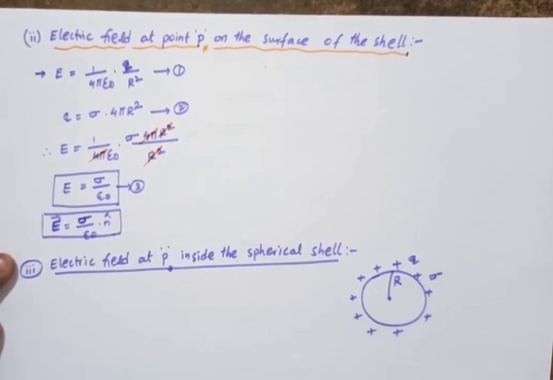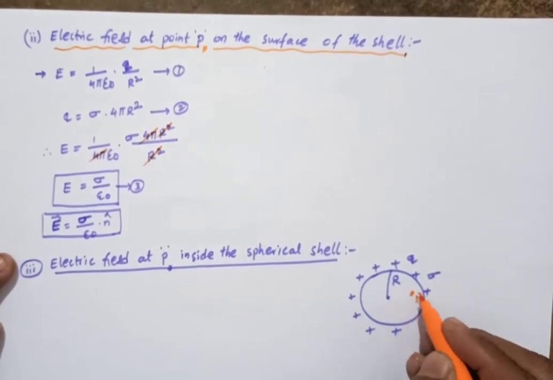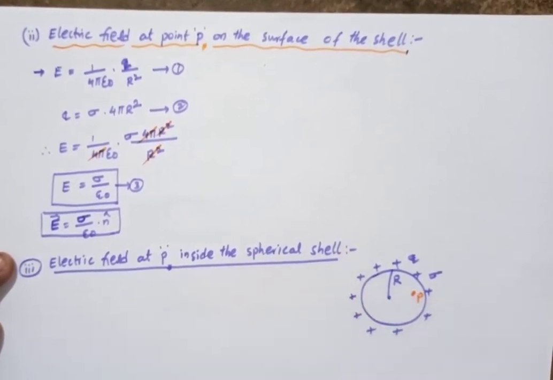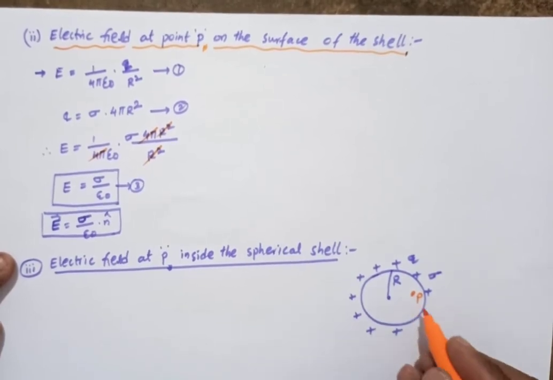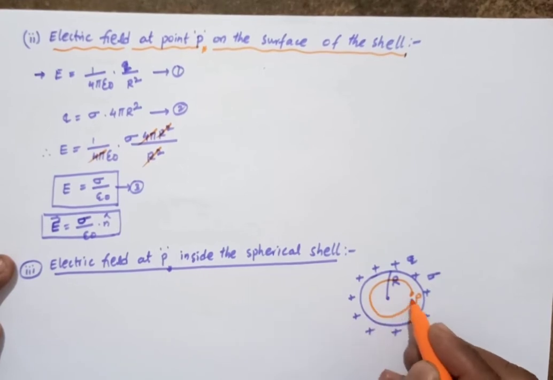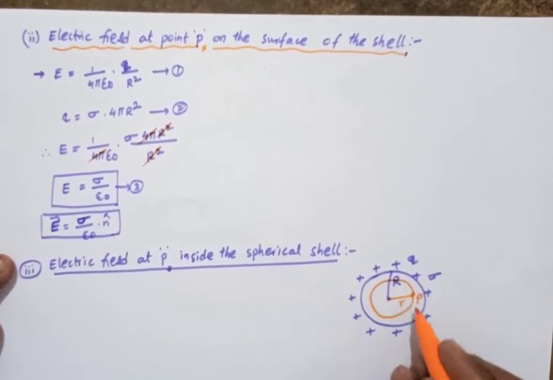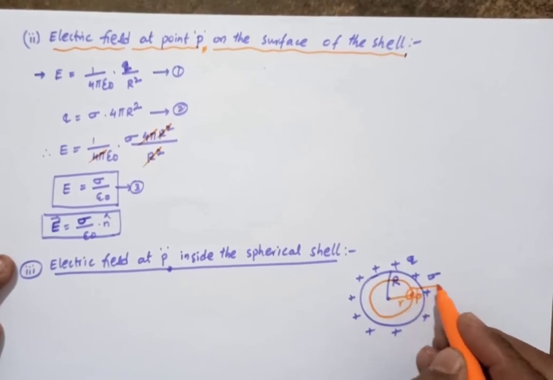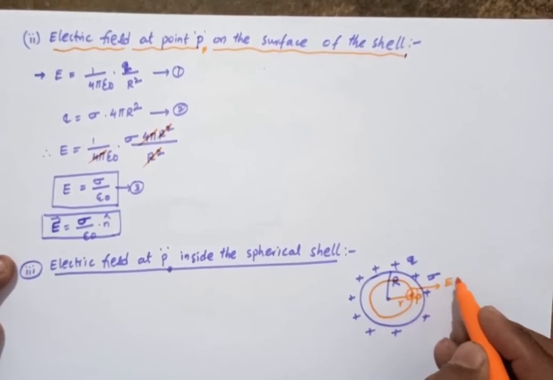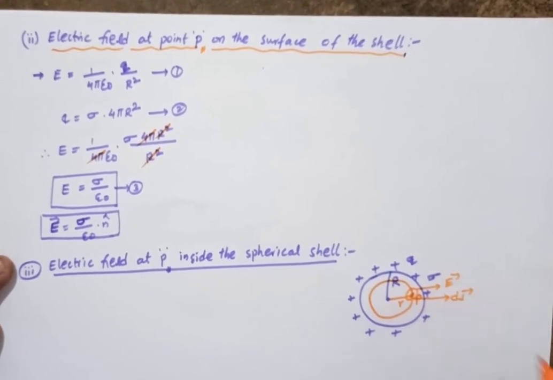So we can calculate the electric field at a point P inside the spherical shell. Then we construct a Gaussian surface of radius r, with ds bar in the outward direction.